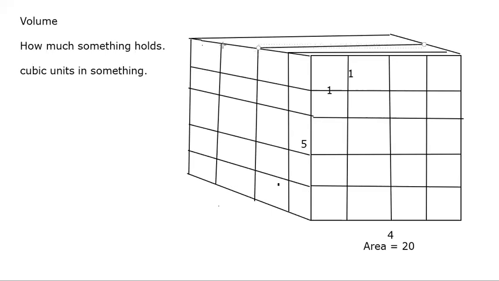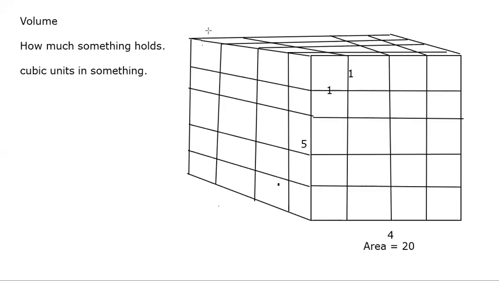So this is kind of like a Rubik's Cube. If you took your Rubik's Cube apart because you couldn't solve it, which is what I did when I was younger, you would see that it was a whole bunch of little bitty cubes. And each little bitty cube in this drawing is 1 by 1 because we're talking about cubic units.